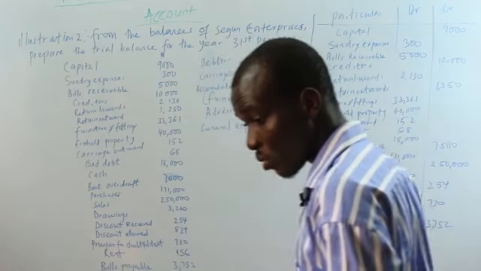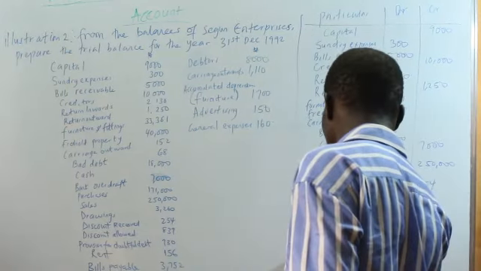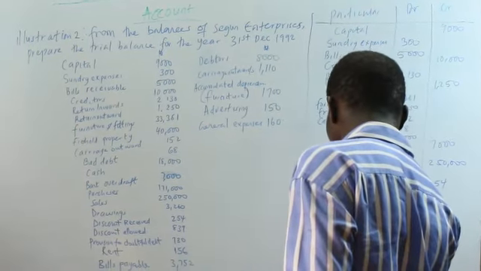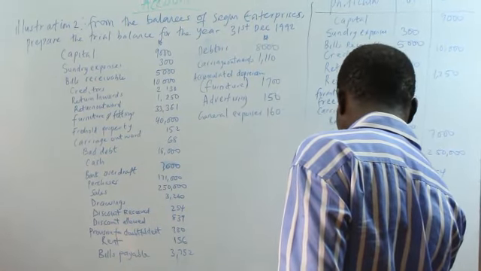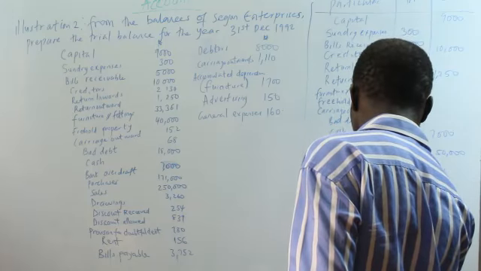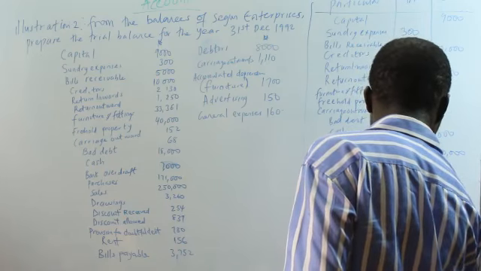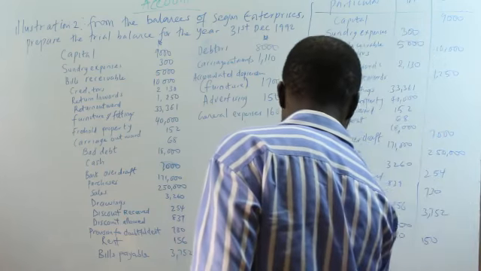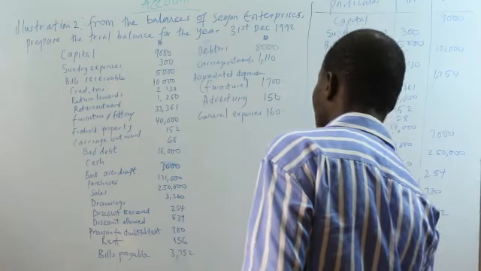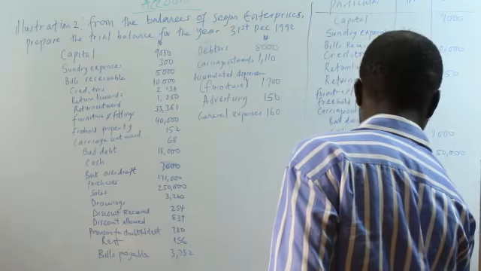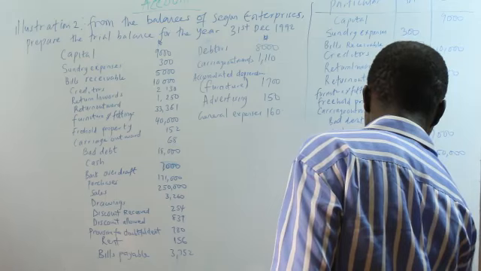So we are having carriage outward at the same time. Next thing we have is accumulated depreciation on furniture. We have 150, that will be on the credit side. So we have advertising. That will be on the debit side. So this is 1,700. That is 150.